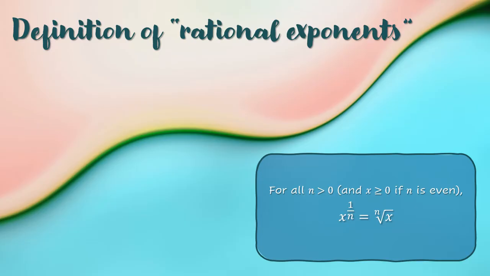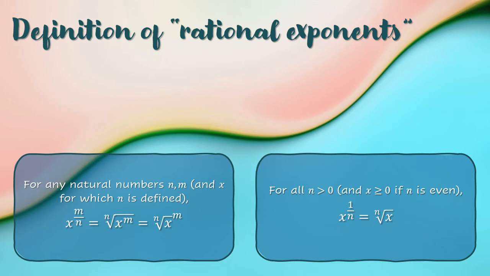Here's our first one, where the numerator on our fraction in the exponent place is just 1. But, of course, that numerator can be other values. So here's our second definition. If we've got some x to the m, like Mary, over n, like Nancy, power. So that could also look like x to the m over n, like that.